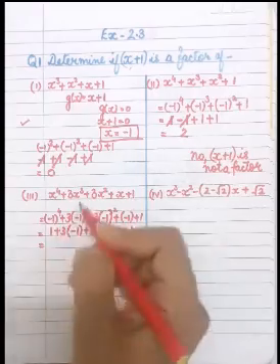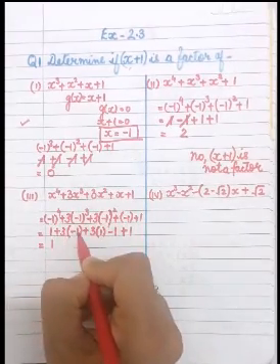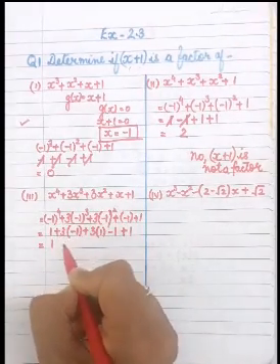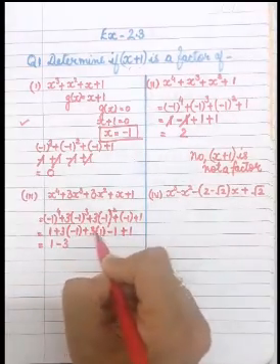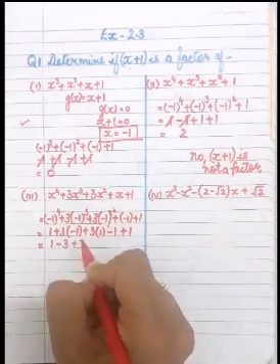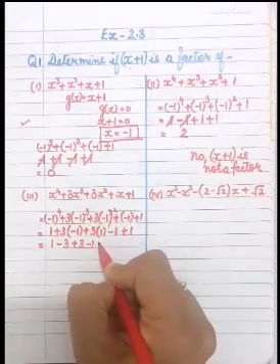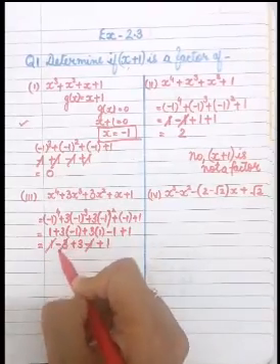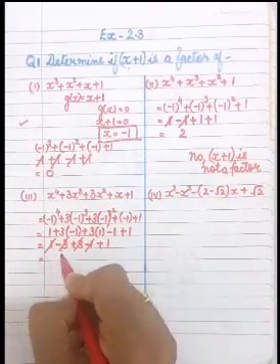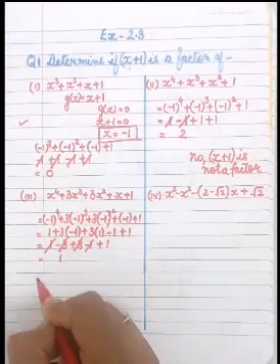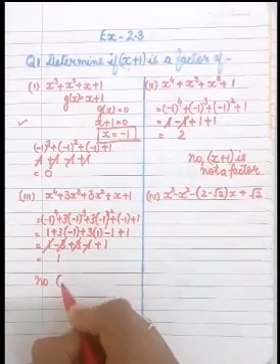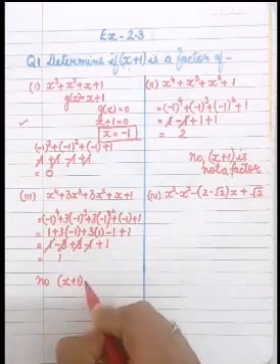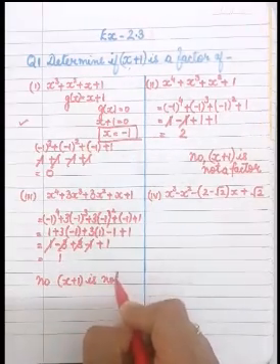Let's solve it a little further. 3 into minus 1, product plus minus minus, so it will be minus 3. 3 ones are 3, minus 1 plus 1. So this cancels with this and 3 and 3 cancel. I am left with 1. So again we can see that no, in this case x plus 1 is not a factor.